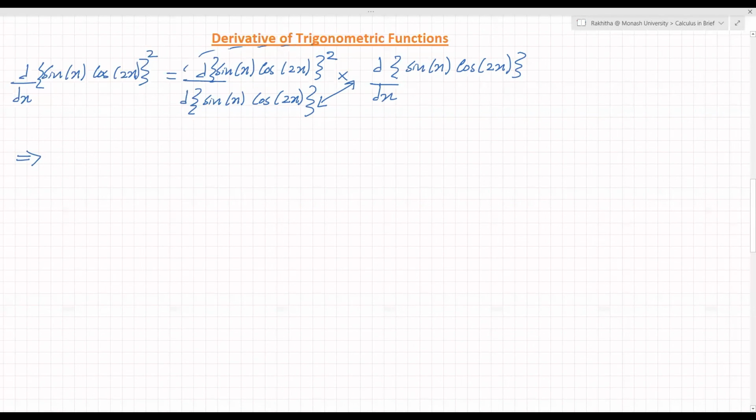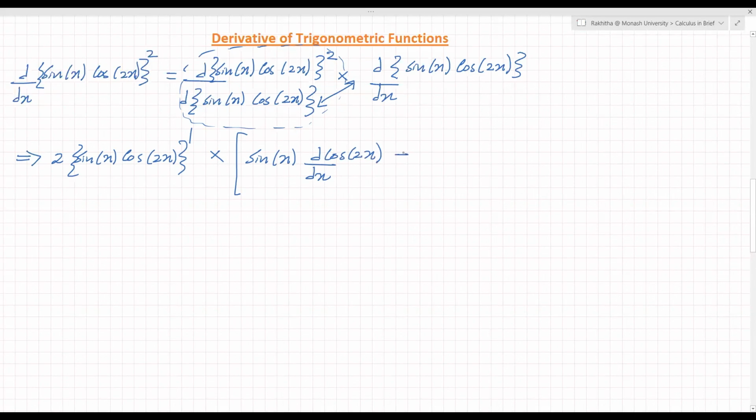So now from this part, what you will get is 2 sine x cos 2x, the whole thing to the power 1, multiplied with, now we have to understand this part. There you can see the product rule. So I will take sin x out, and then I will do d/dx of cosine 2x, and then plus cosine 2x I will take out, and then we'll do the d/dx of sin x.